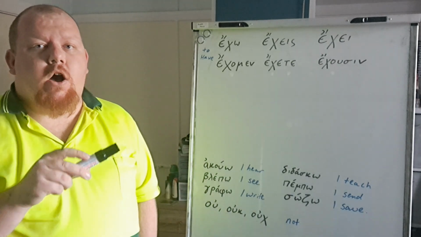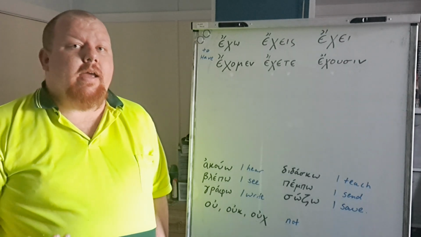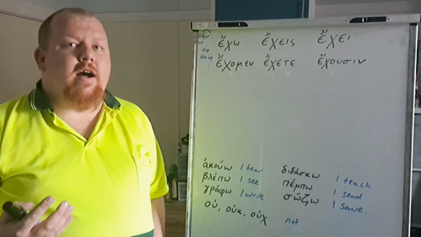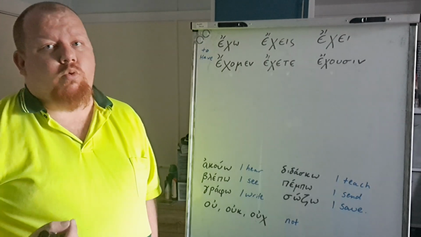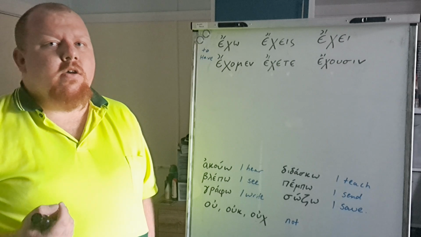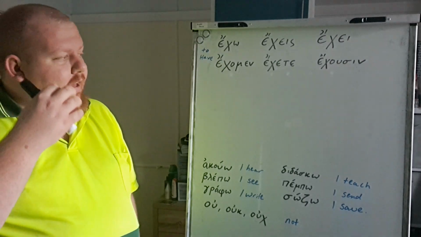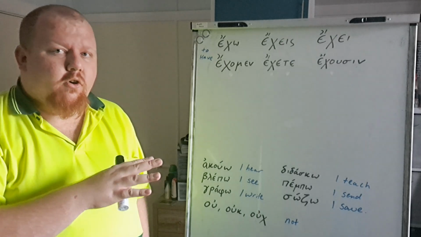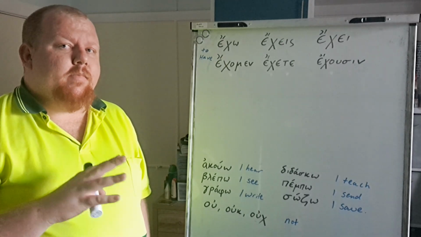Grafo. I write. This is where we get words in English that have graph in them. For example, graph paper is paper that you write or draw on. Photography: photo is the Greek word for light, and graphy is to write.